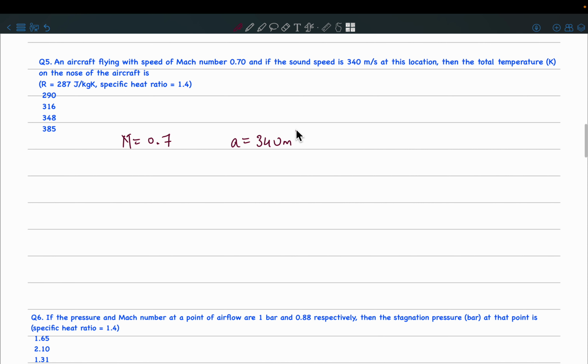What is the formula for speed of sound? Under root gamma RT, right? And then they're asking you to find the total temperature, which is T naught. So what is the formula for T naught?